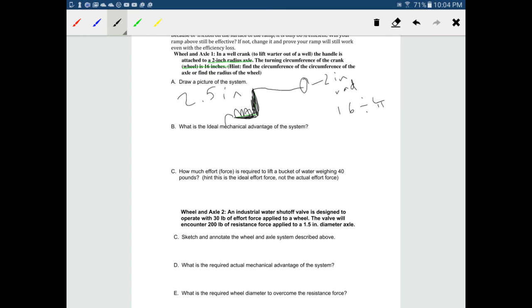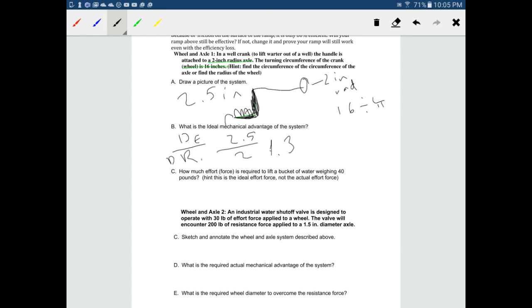So we're just going to simply take our DE, the effort distance, obviously the effort is going to come from the human, over DR. Not RD, DR. So the handle is 2.5 and the DR is 2. We're going to divide 2.5 divided by 2, and we're going to get about 1.3 for our IMA.